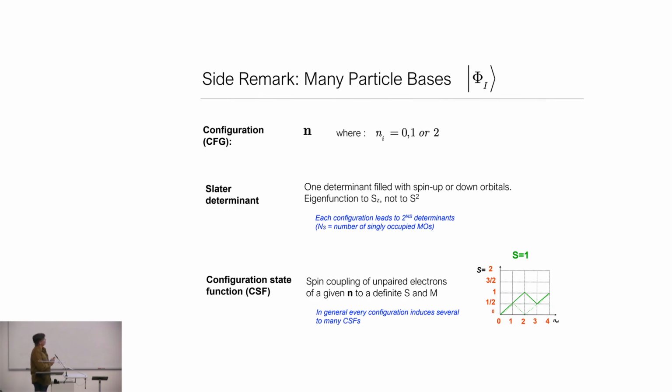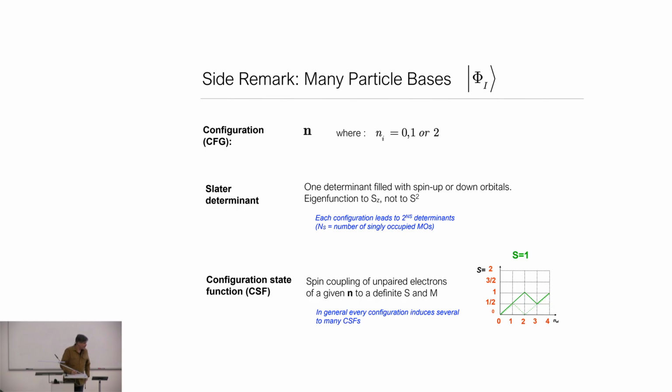And the Slater determinant is an anti-symmetrized product of orbitals, where you have a string of orbitals, and they all have an electron either with spin up or spin down. Yeah, and that's a very common representation in quantum chemistry.